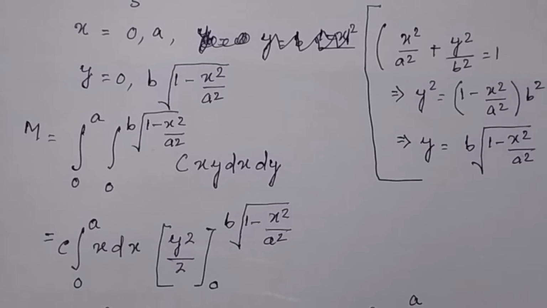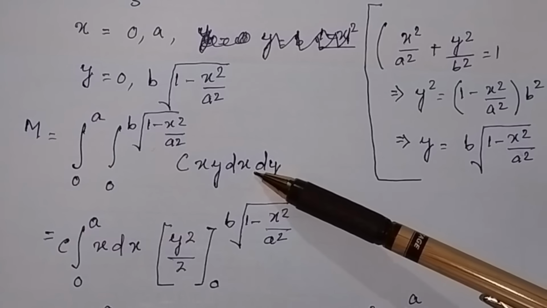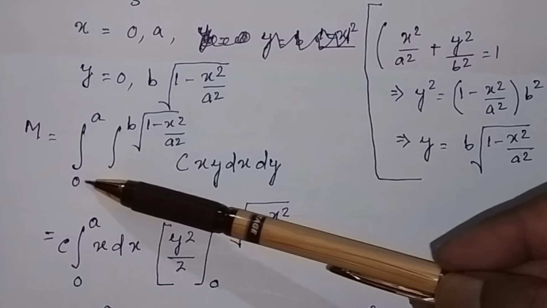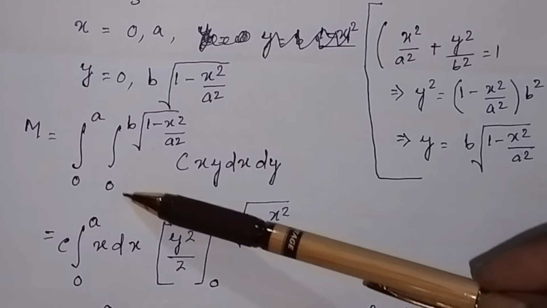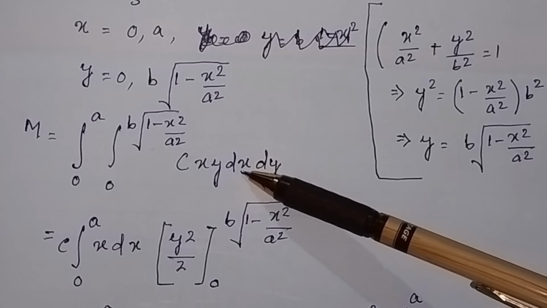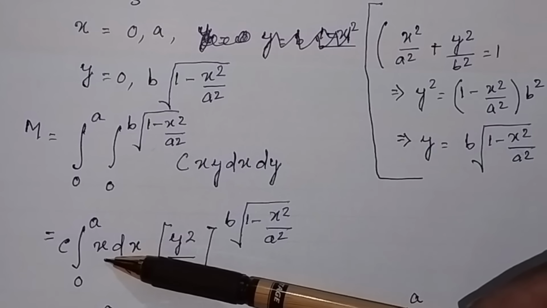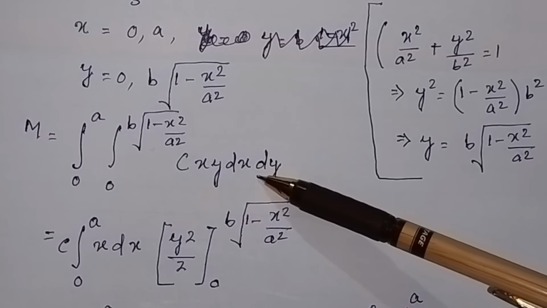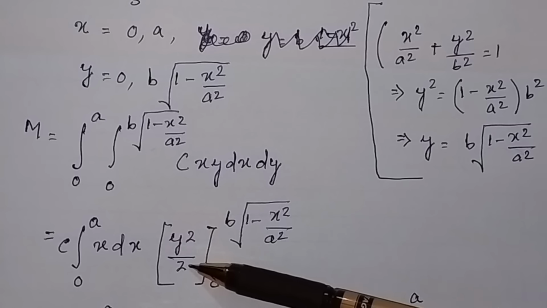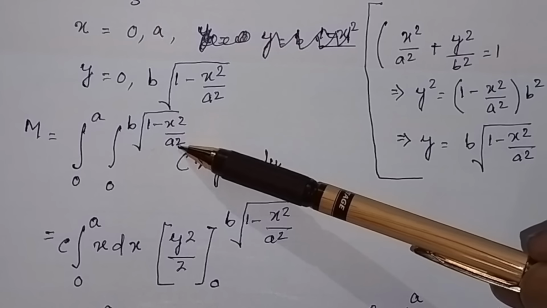You integrate the density function, that is cxy dx dy, and when you integrate x, these are the limits of integration, and when you integrate y, this is the limit of integration. Here I have first integrated y, so I have kept x dx constant, and the integration of y dy is equal to y square by 2, and the limits of integration of y are from 0 to b into square root of 1 minus x square by a square.